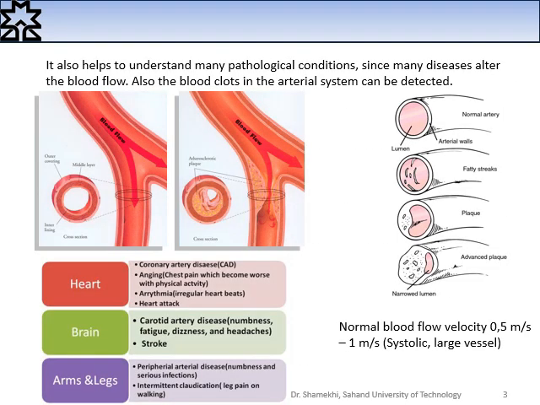Measuring these parameters also helps us to understand many pathological conditions, since many diseases alter the blood flow, blood pressure, and the ECG.